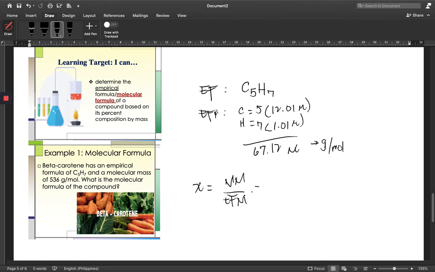So we are given the molecular mass of 536 grams per mole, and then we have identified our EFM to be 67.12 grams per mole.